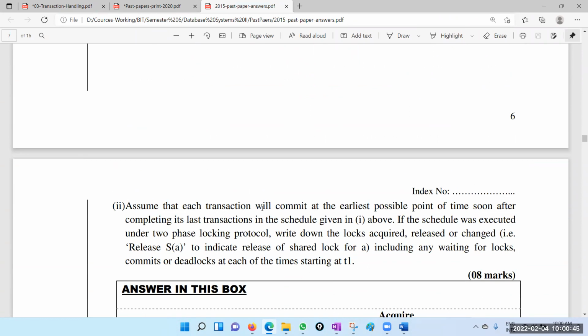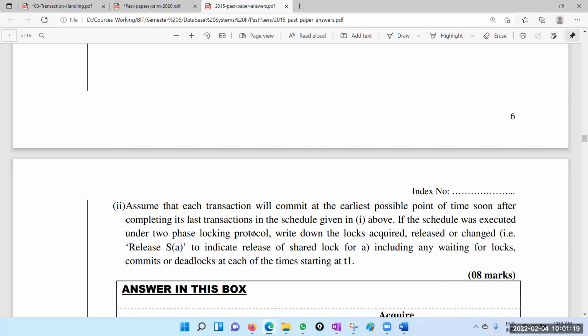Assume that each transaction will commit at the earliest possible point of time soon after completing the last action in the schedule given in 1 above. Now, the examiner has given you a hint: assume that the transaction will commit at the earliest possible point of time soon after completing its last action.